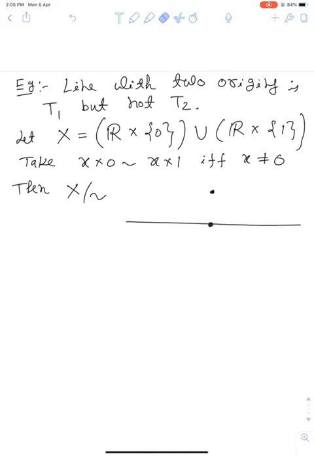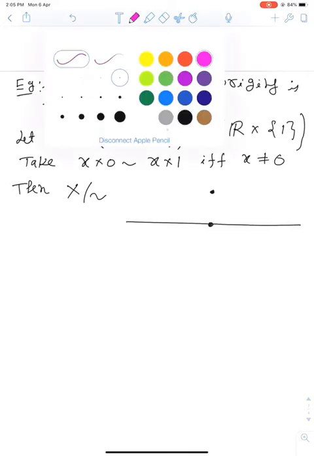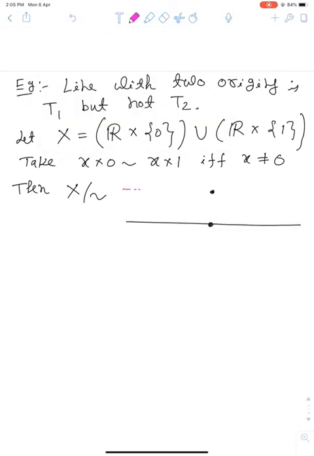All of the other points of this line are identified, this point with this point, but the two origins are not identified.